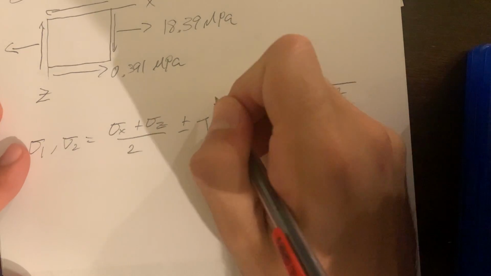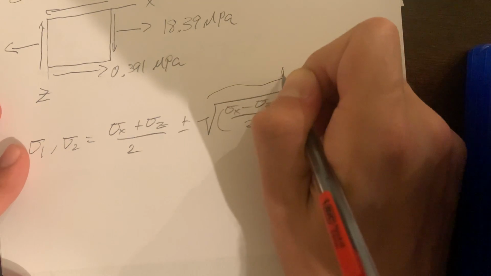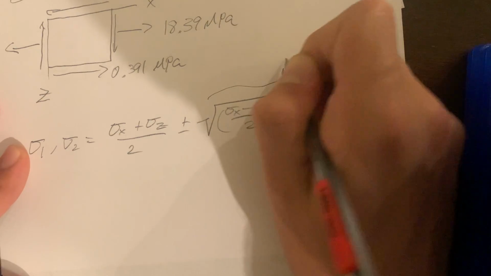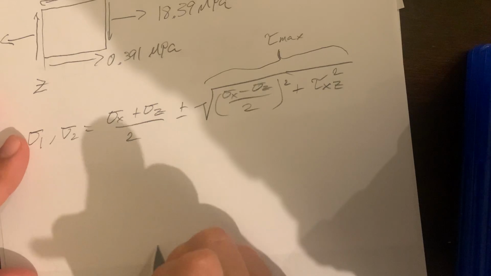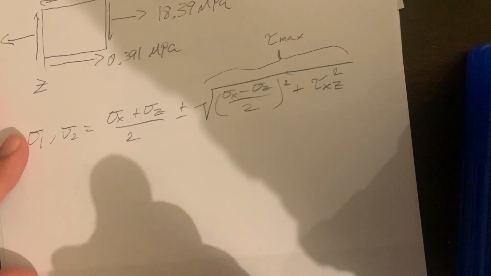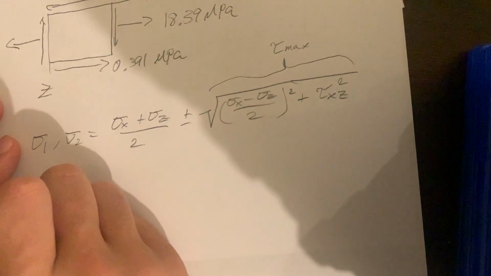And we know this bad boy over here is gonna be equal to the tau max. So we can just write that down here. We'll do it right after actually.